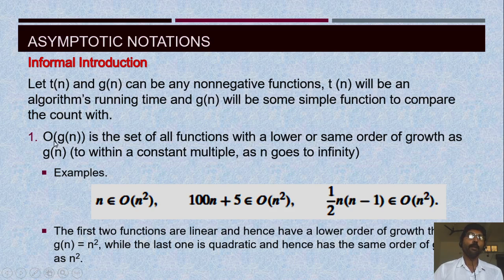What is the meaning of big O? Big O of g of n is the set of all the functions with a lower or same order of growth as g of n, to within a constant multiple as n goes to infinity.